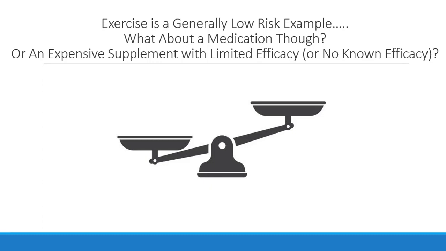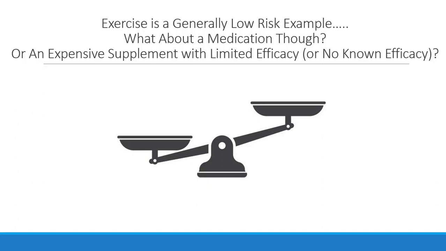Now, exercise is generally a low-risk example. The American College of Lifestyle Medicine, a lot of other groups within the AMA, within other professional healthcare bodies, the American College of Sports Medicine, know the value of exercise.